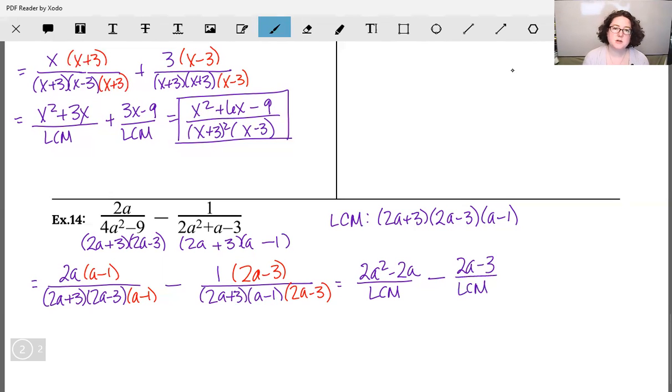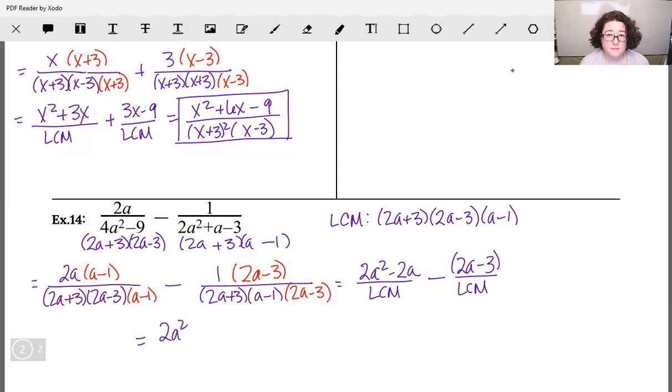So now we're ready to start combining. Now we have to be careful. We are subtracting the entire second fraction, so I'm actually going to put parentheses around this to remind myself I'm subtracting each term. So let's see, 2a squared, I don't have anything to combine that with. But look at your 2a's. I have a negative 2a in the first fraction, minus the 2a from the second one.